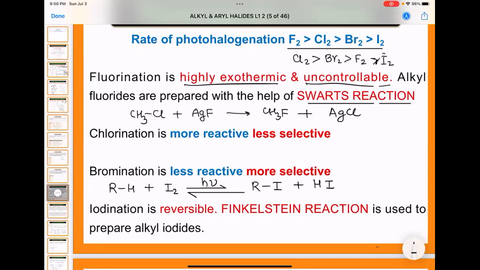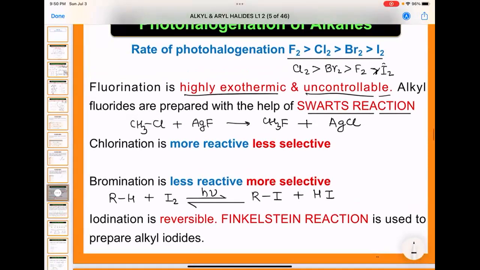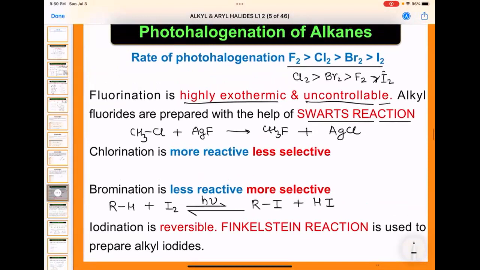You might have studied in class 11, suppose an equilibrium reaction is not getting completed, what do you need to do? Le Chatelier's principle. Who is going to explain it to me? Yeah. Increase the reactants, or remove the products. Okay.